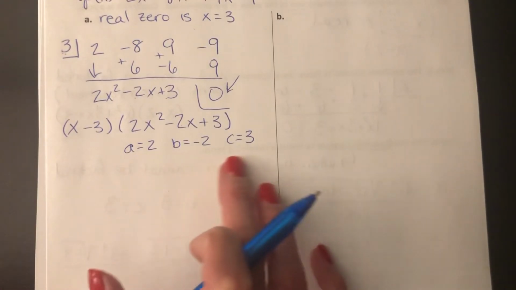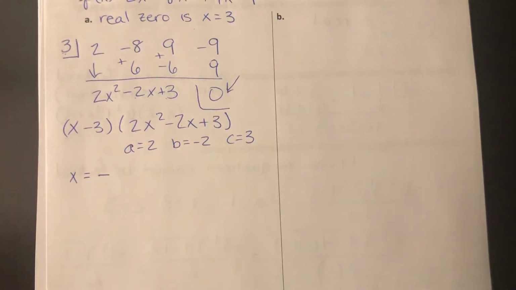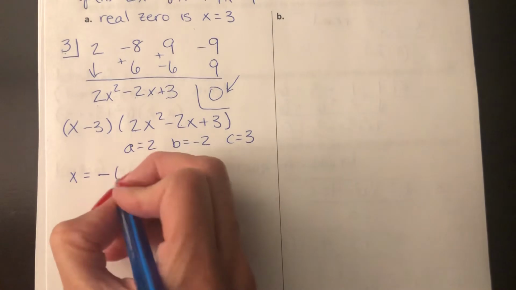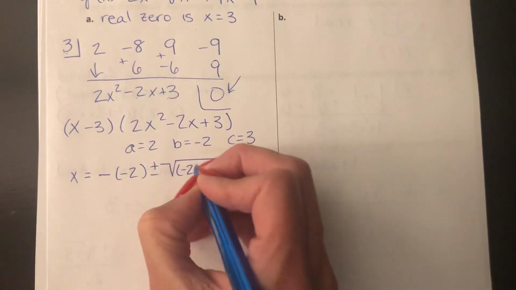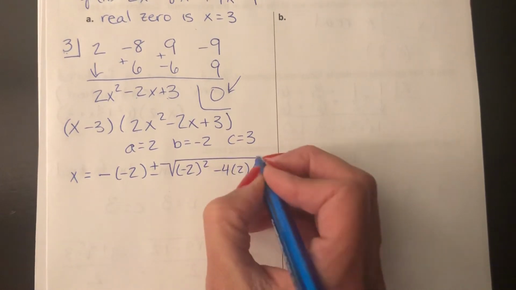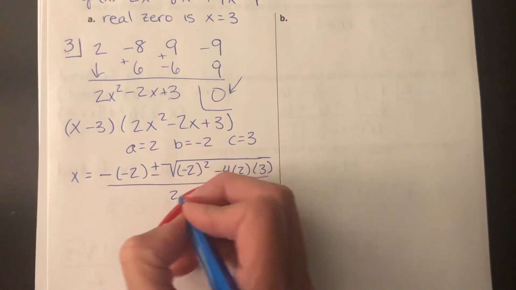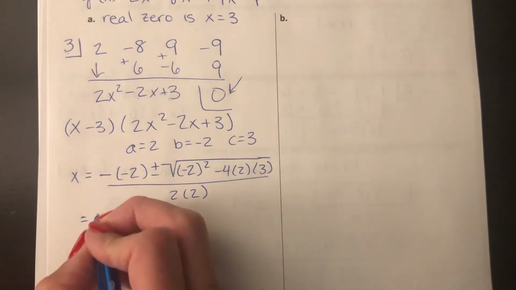And then we'll use those values and plug them into our quadratic formula: -b plus or minus the square root of b squared minus 4ac, over 2a.